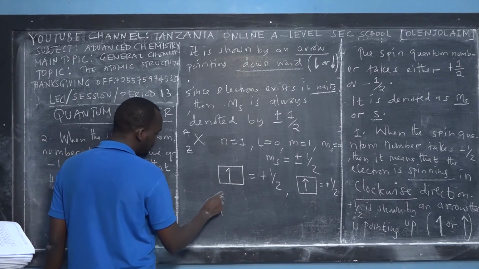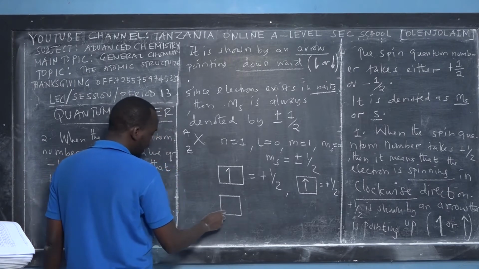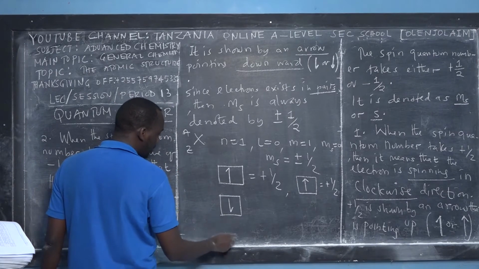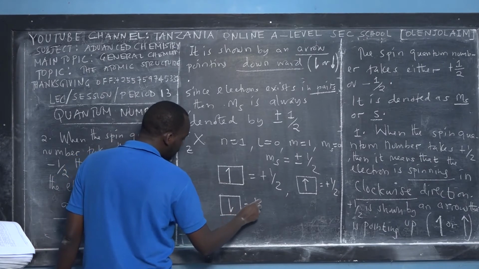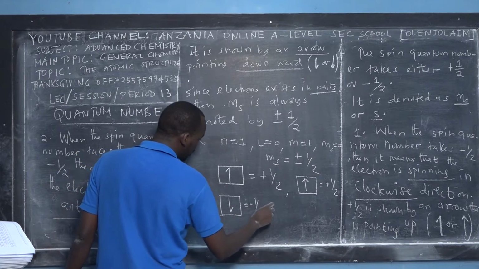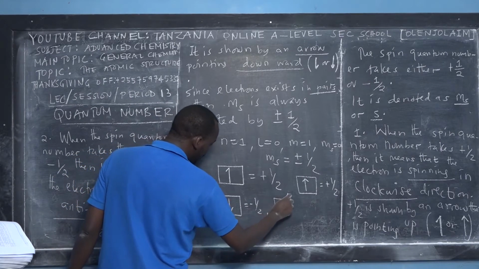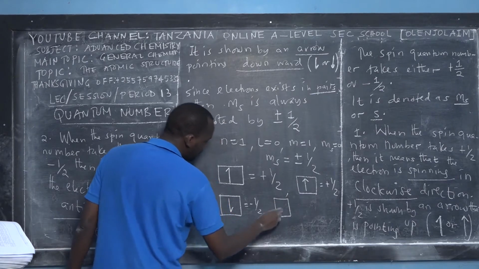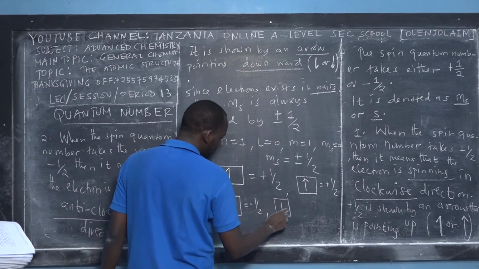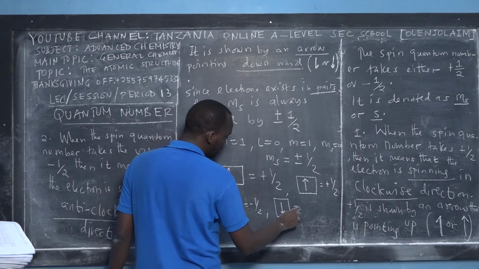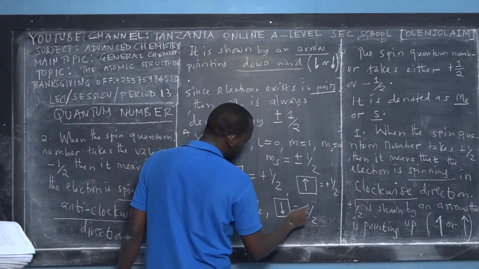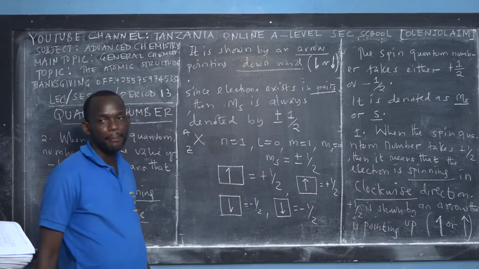Again, in terms of orbitals, negative a half we present by using the downward arrow. So this is equal to negative a half. Or if we have a full arrow directed down in the boxes, this also means negative a half in terms of spin quantum number.